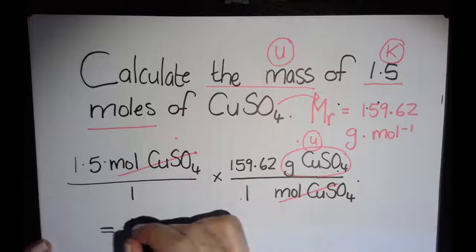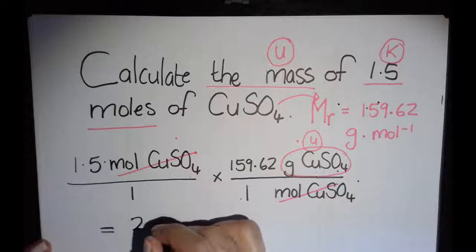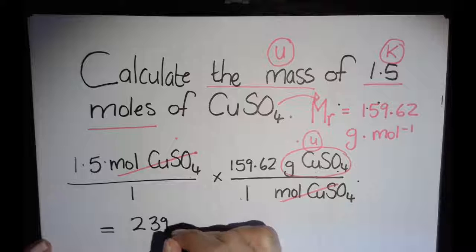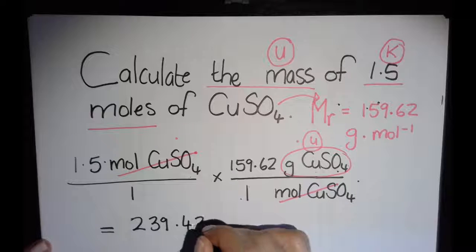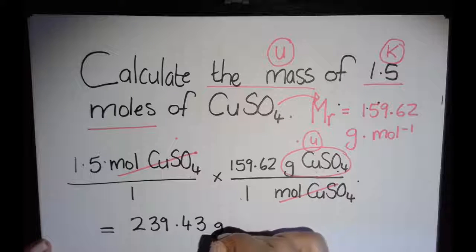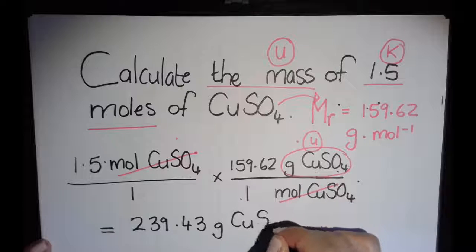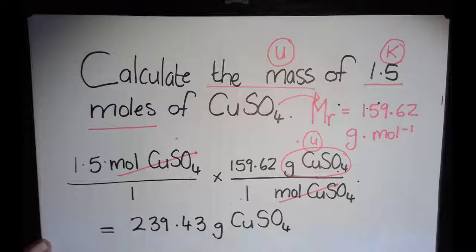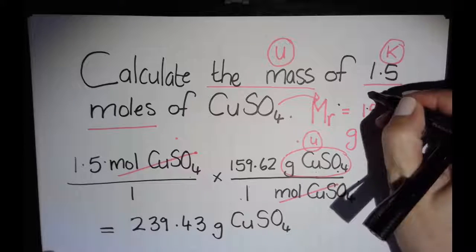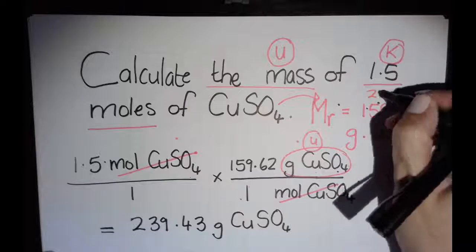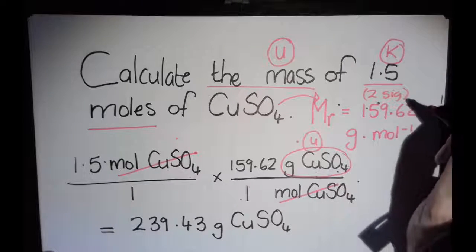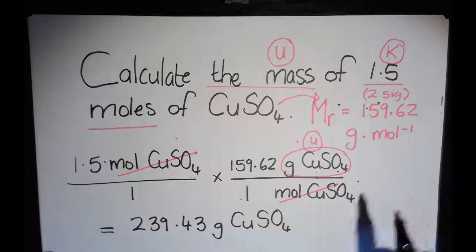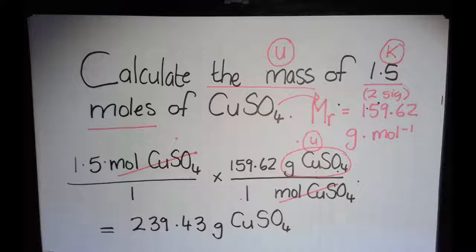We get an answer of 239.43 grams of copper sulfate. So let's look at our significant figures. I see that the given is 2 significant figures. My molar mass is 5, so my final answer should be in 2 significant figures.